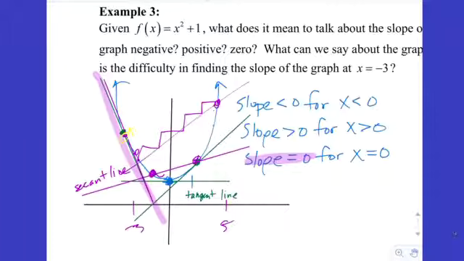But if those 2 points are so close together that they're almost indistinguishable from each other, let's say they differ by only like a gazillionth of a point, right? Like -3 and -2.9. Those points are really close together.